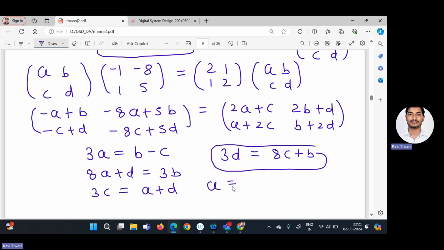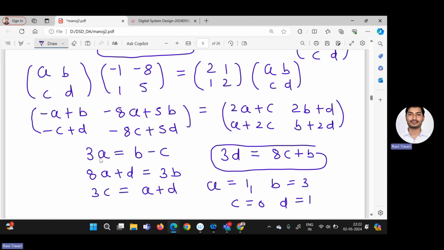After solving, we get A value 1, B value 3, C value 0, and D value 1. Now we can verify whether these four values satisfy the given conditions.